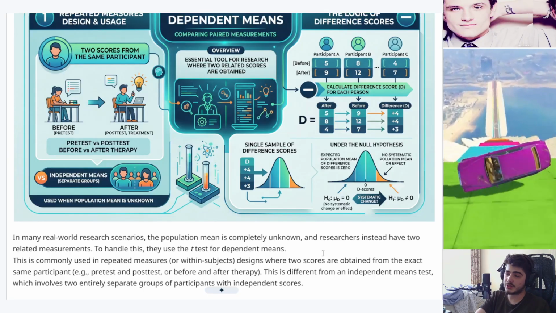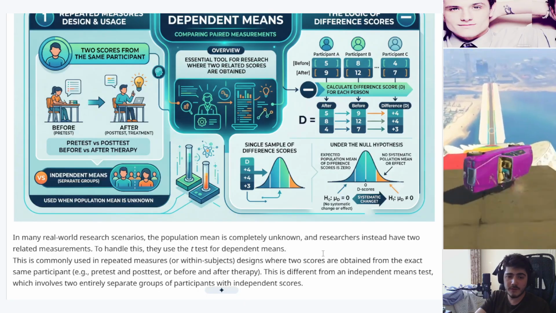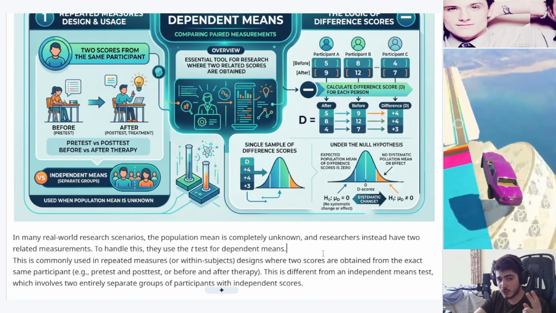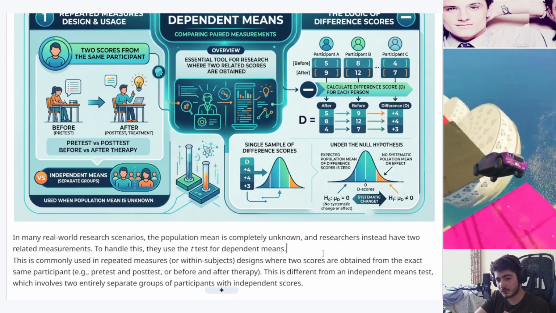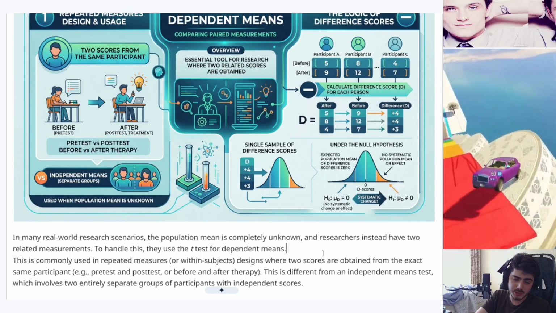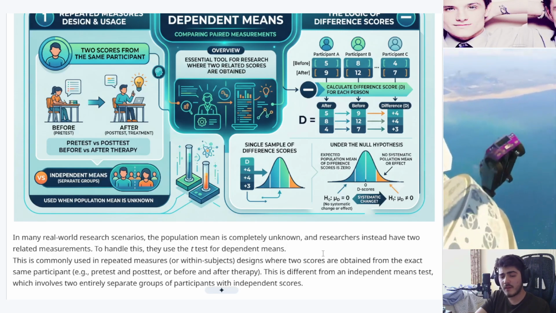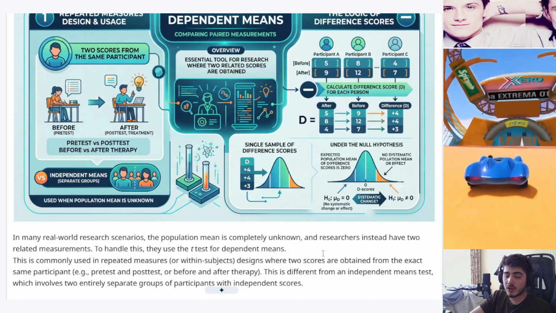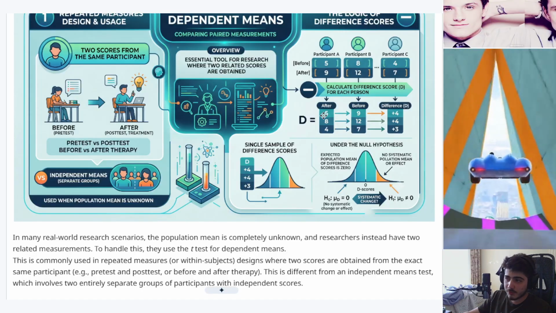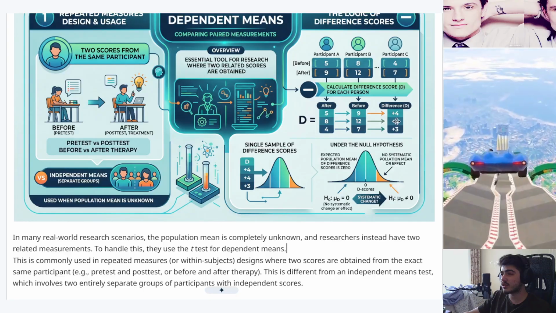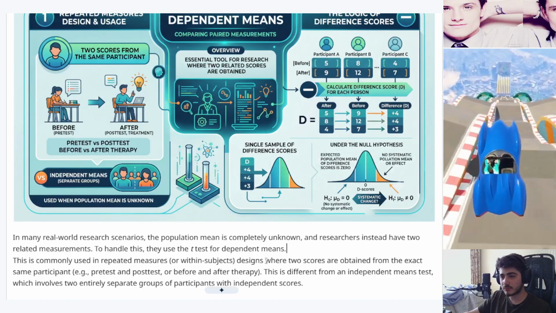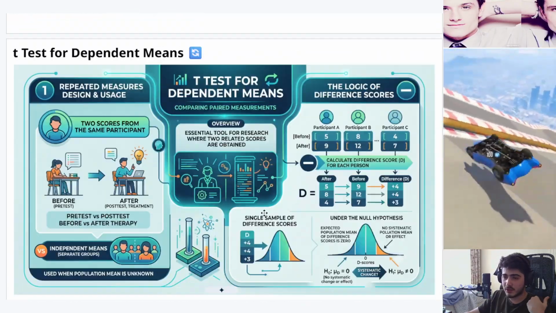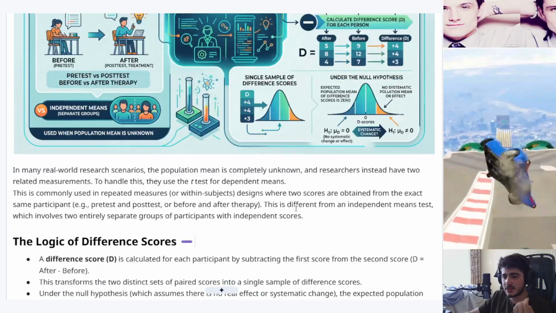The null hypothesis is saying, if you run this test twice, one before, one after treatment, you're going to have no difference at all. Therefore, when you subtract the after from the before, you're going to get 0 difference. Okay? So this is why we set the population mean as 0.